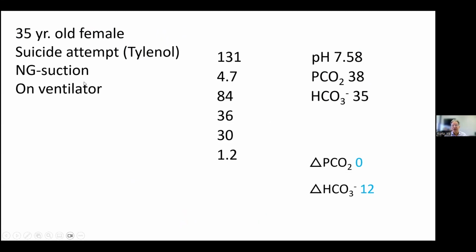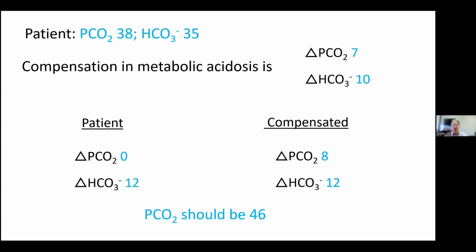But the patient was on a ventilator, and so they were actually ventilating the patient back to normality, just like the other patient, third trimester pregnancy, rather than decreasing the settings on the ventilator and letting the patient's PCO2 go to 46, which is what would have happened had she compensated appropriately off the ventilator. So the fact that the PCO2 is not 46, but is in fact normal, means that you must have another respiratory acid-base disorder in addition to the metabolic alkalosis.